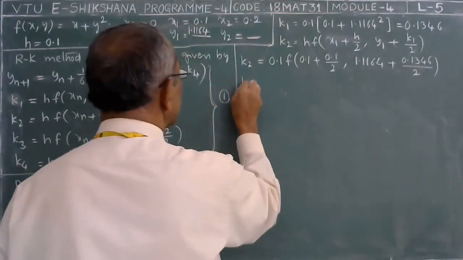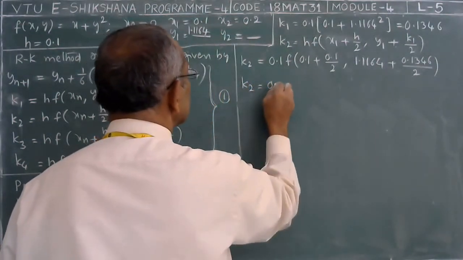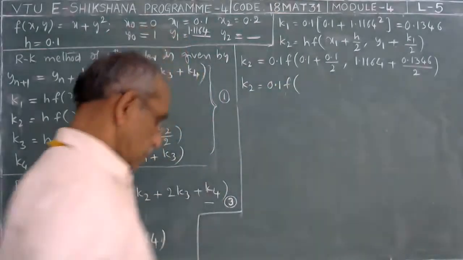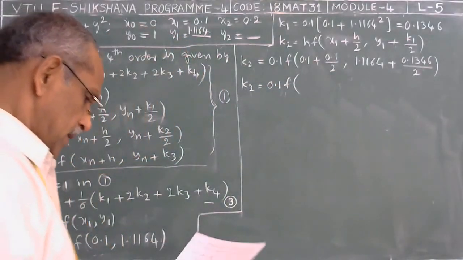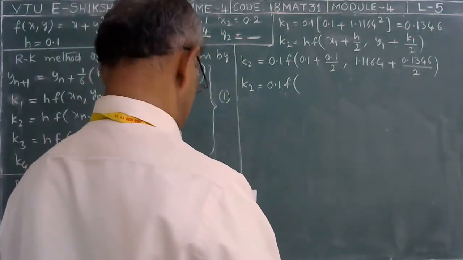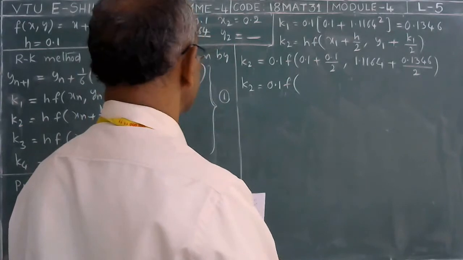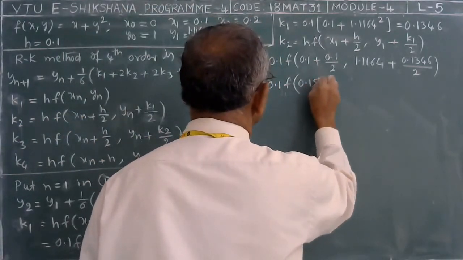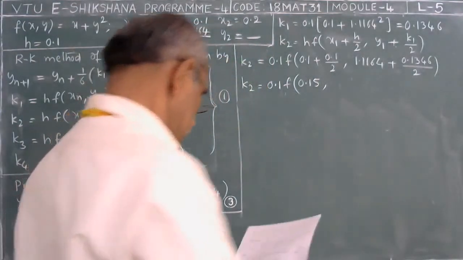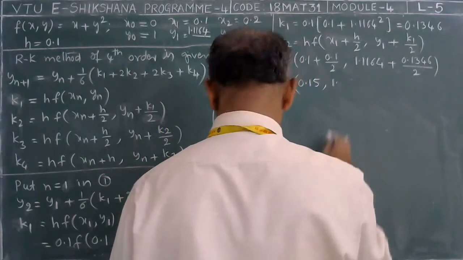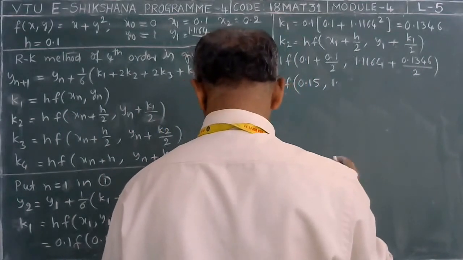So if you simplify this, you get 0.1 into f of 0.15 comma, and if you compute this, it will reduce to 1.1837.